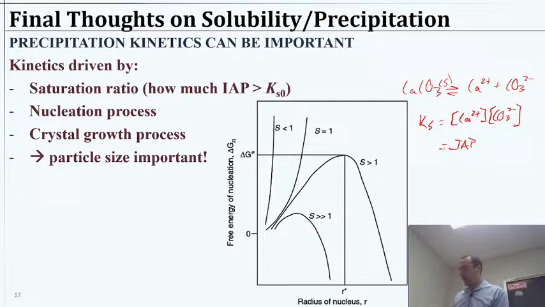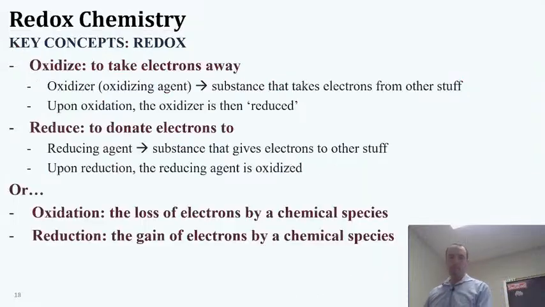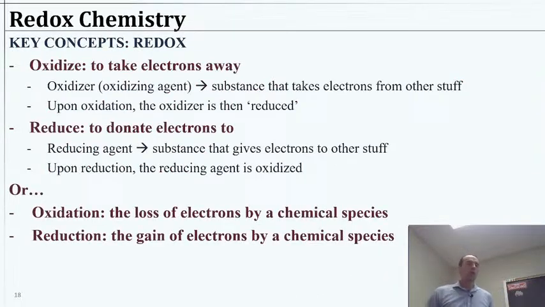Okay, so let's get to redox chemistry then. Redox is shorthand for reduction and oxidation reactions. It's kind of easier to say oxidation and reduction, that feels a little more natural, but redox, compared to oxred, just sounds a little nicer, so redox it is.